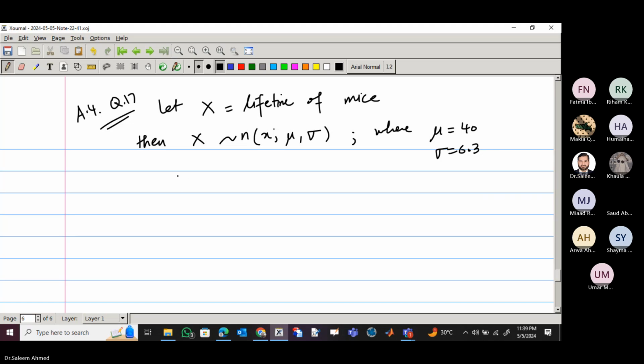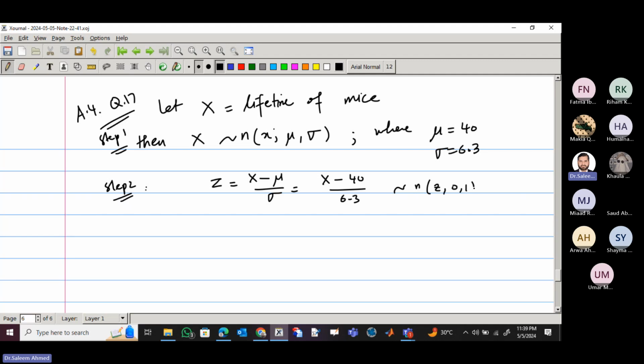So this is your step 1, write X. Then step 2 is directly write Z. Your Z is X minus mu by sigma, so it becomes X minus 40 by 6.3. This has a normal distribution with 0 mean and unit variance, right?